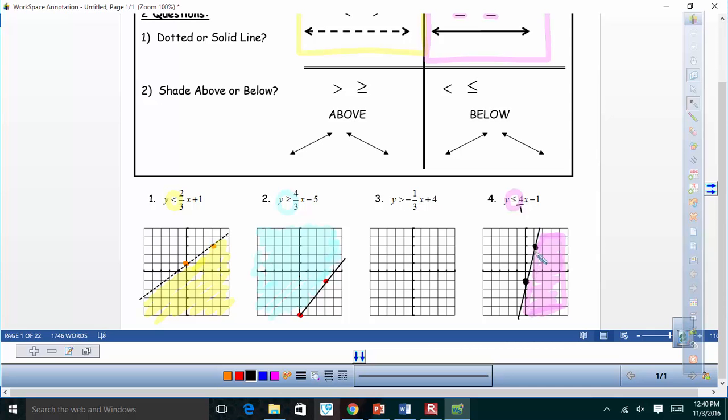Anybody? To get here, I have to go up. To get into this quadrant, I'd have to go down. So we know this one is below, and this is above. And so we wanted to shade below. So you can draw your arrows from your points to tell which one's above or below, if it's hard to tell.